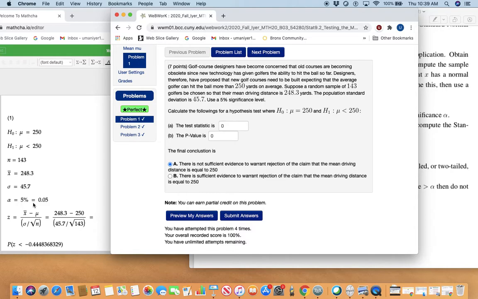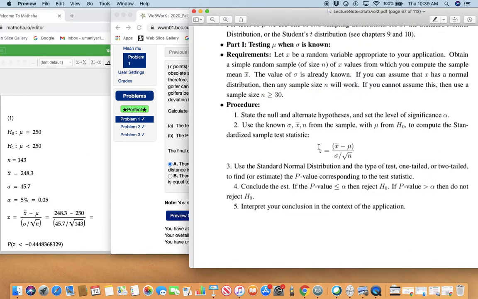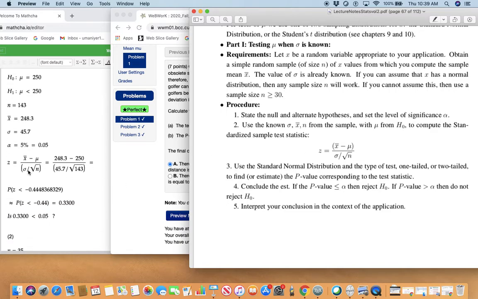That's alpha. 5% is 0.05. Now we are going to use this formula to find the sample test statistic. Z equals x bar minus mu over sigma over square root n. X bar 248.3 minus mu 250 over sigma, that's given to you, over square root 143, that is the sample size. There you go, square root 143.